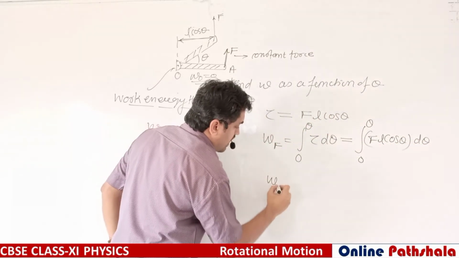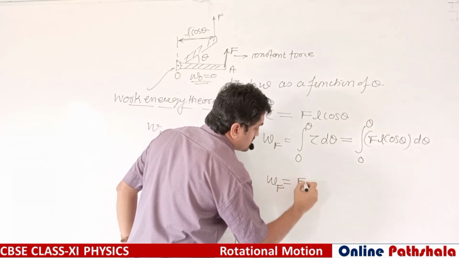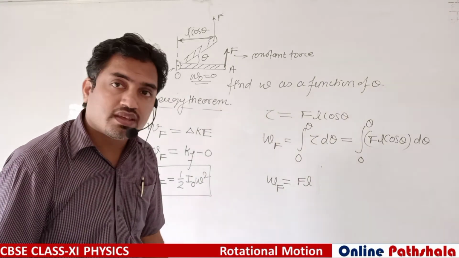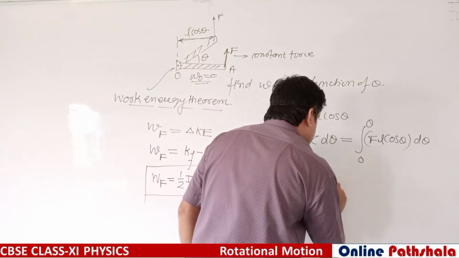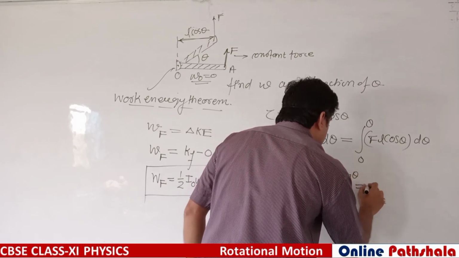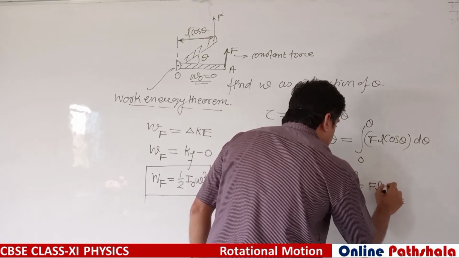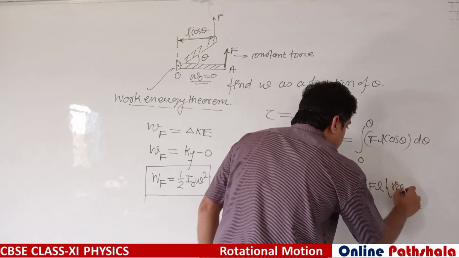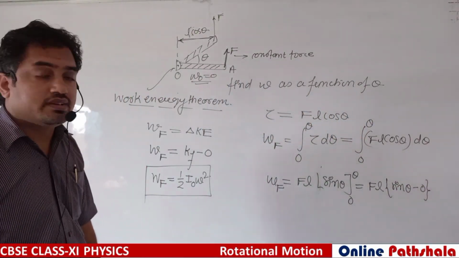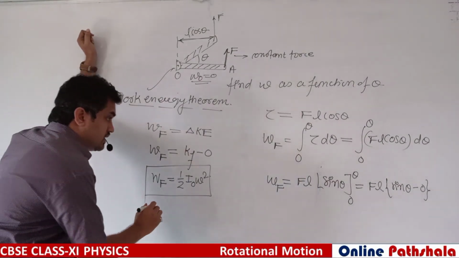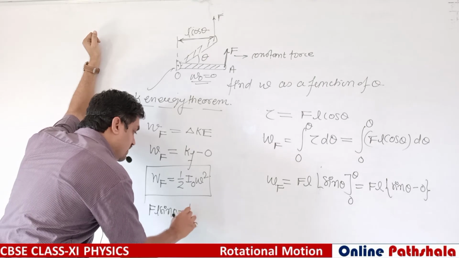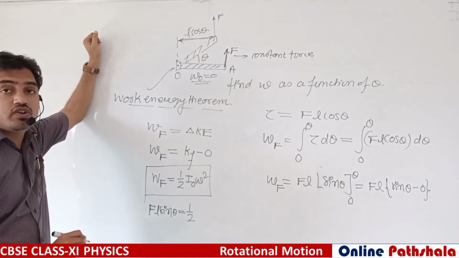Since F is constant and L is constant, and the integration of cos theta is sin theta, we put the limits from 0 to theta. So the work done is FL sin theta, which is equal to 1 by 2 I omega square.